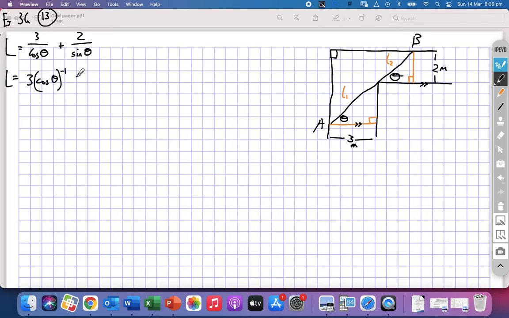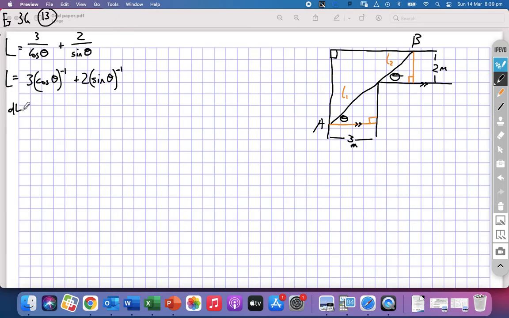So before I start my derivative, I'm writing this so I can make using the chain rule a bit easier. I think most of you would have used the chain rule, but you don't need to go to quotient rule. Chain rule is going to be easier.